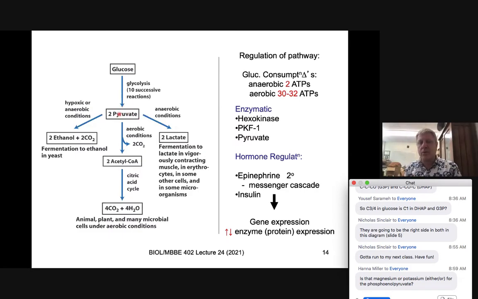Pyruvate can also go through anaerobic conditions utilizing microorganisms to produce ethanol. We can use yeast in this case to take pyruvate, producing carbon dioxide as well as ethanol.